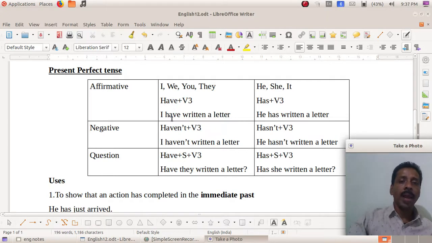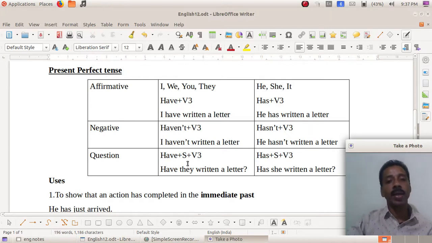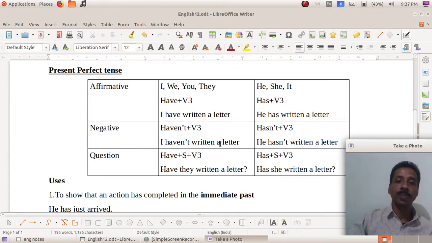So the negative form is I haven't written a letter, he hasn't written a letter. And if it's a question, use the auxiliary verb in the beginning. Have they, have I written, has she written, has he written, etc.